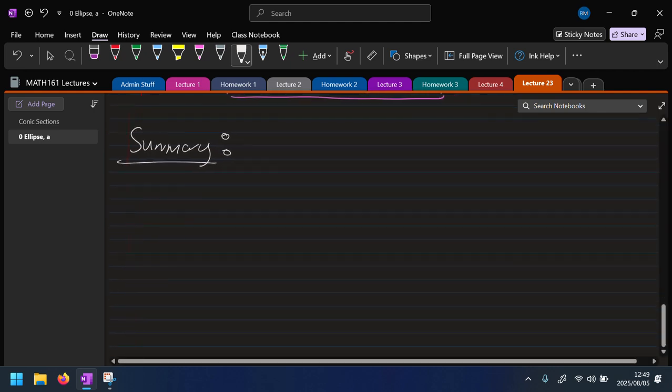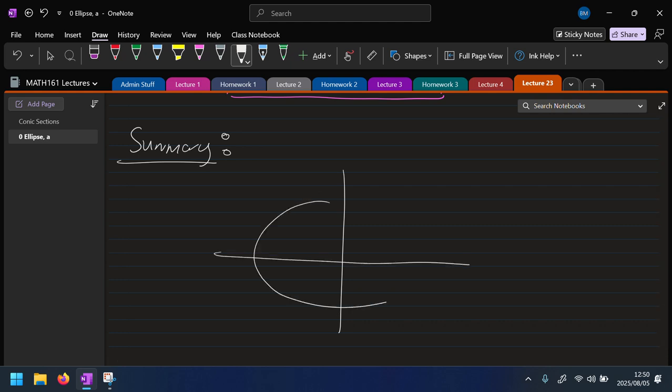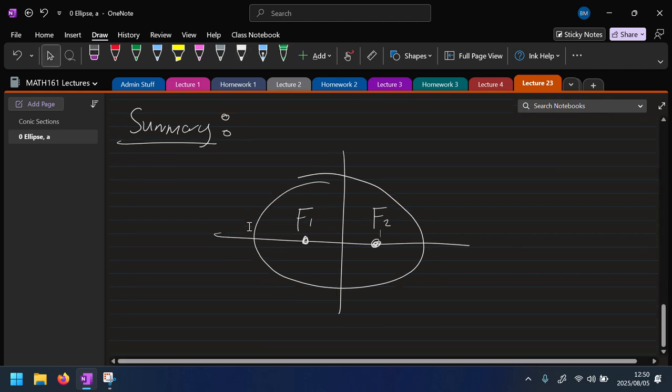Yeah. So just some terminology that we use. So let's say we've got our ellipse like this. So F1, F2, remember that from the beginning. So F1 and F2, those are called the focal points.